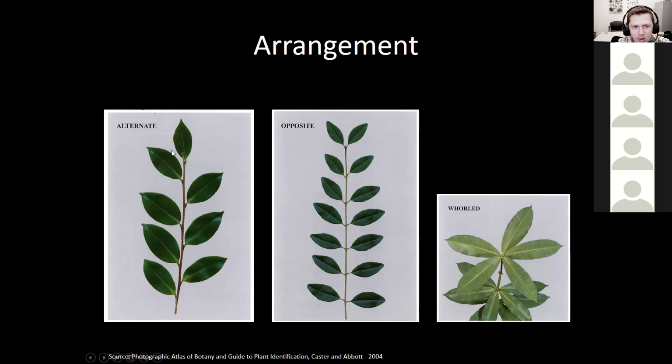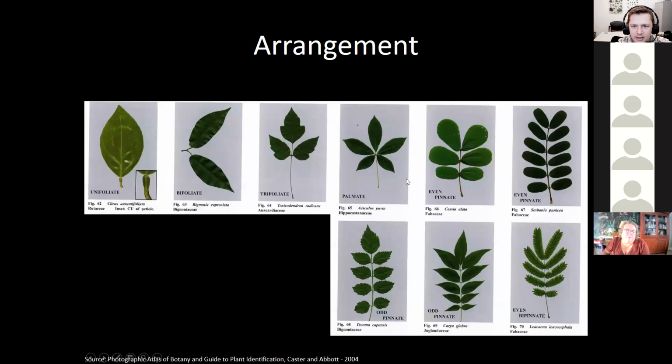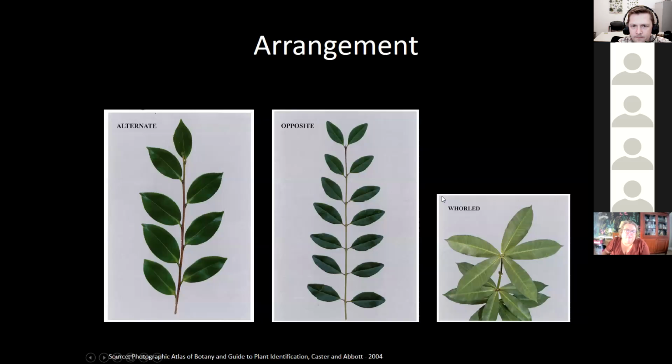So most things tend to be alternate, but you do have quite a few plants that show up as opposite as well. And then you have whorled as well, and whorled is probably the most rare of all. So whorled is where multiple leaves will come out of one point.